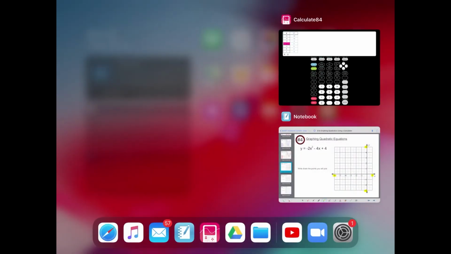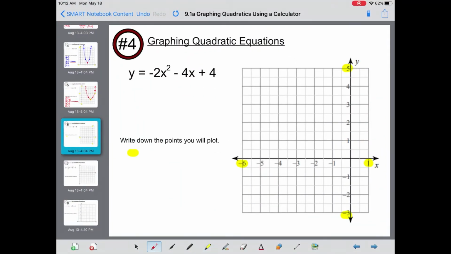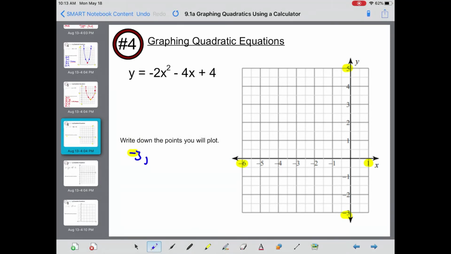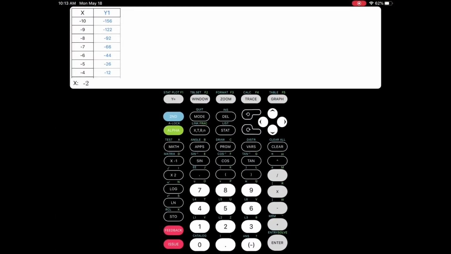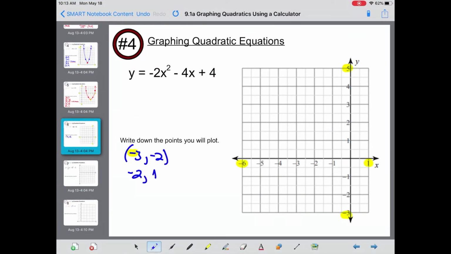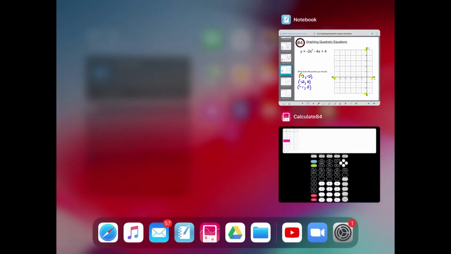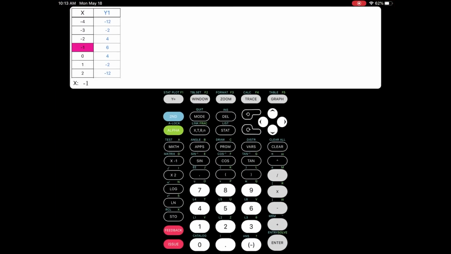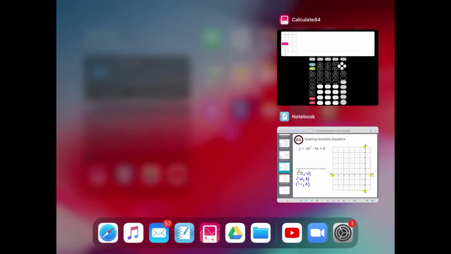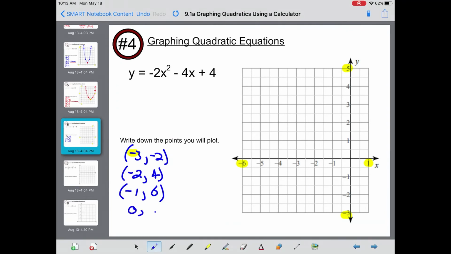But now we get to numbers that we can plot. -3, -2, -2, 4, -1, 6, 0, 4, 1, -2.